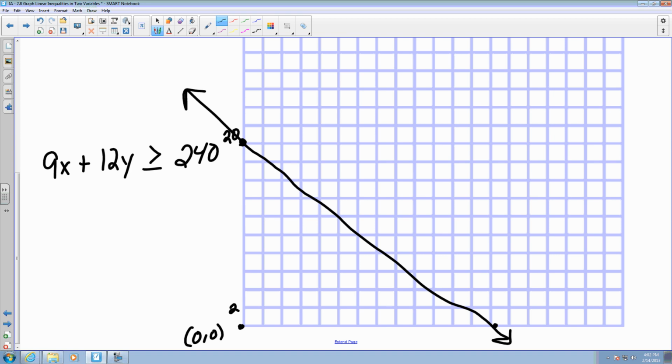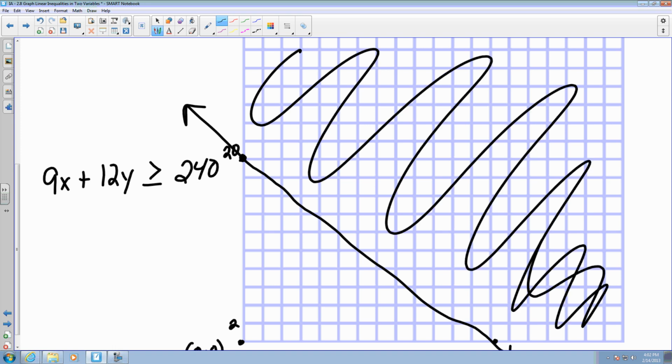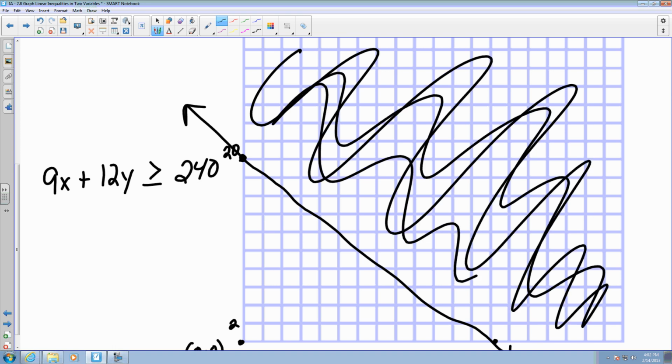And the shading would occur here on the right hand side because I can make more than $240. So any point, let's say I made a point right here, right there, and right there, those are all three possible solutions for this particular inequality.